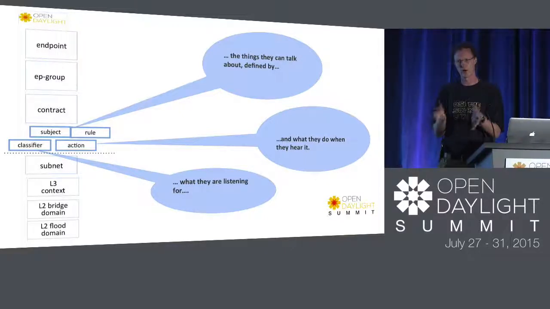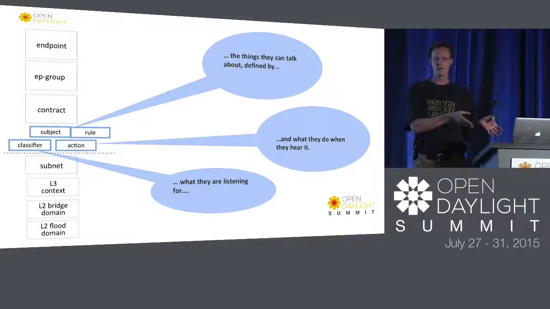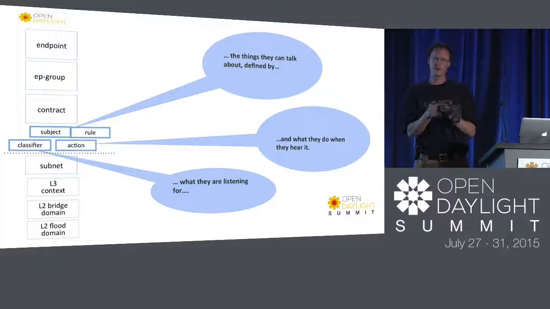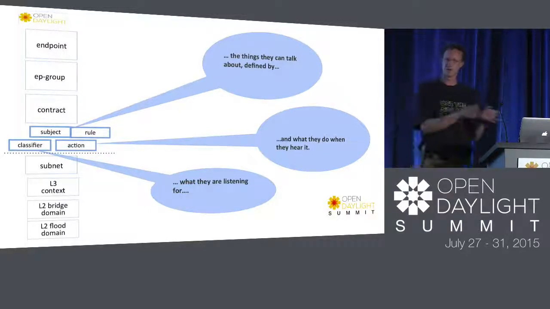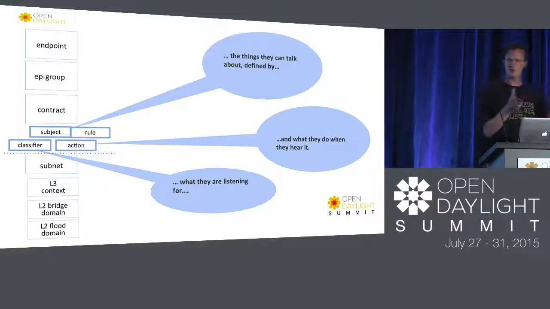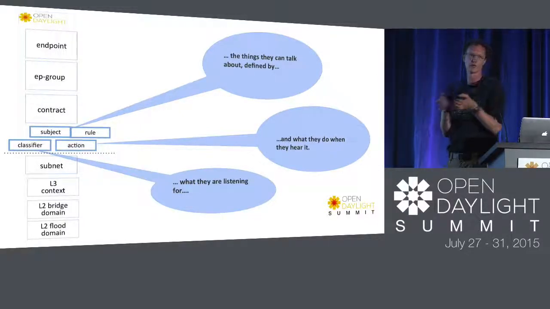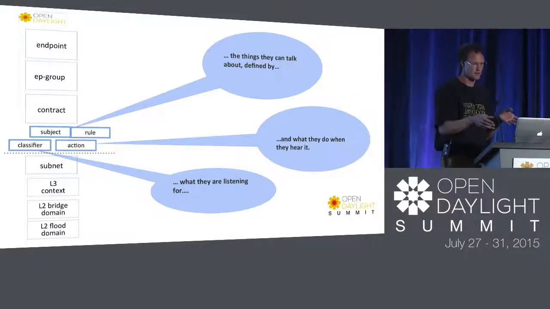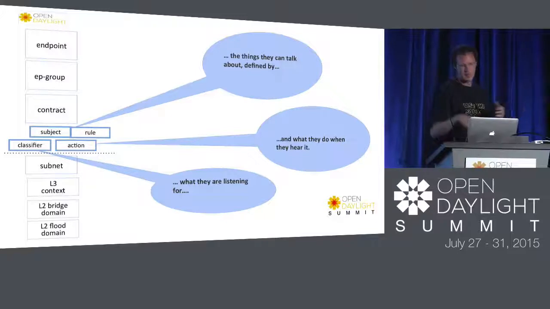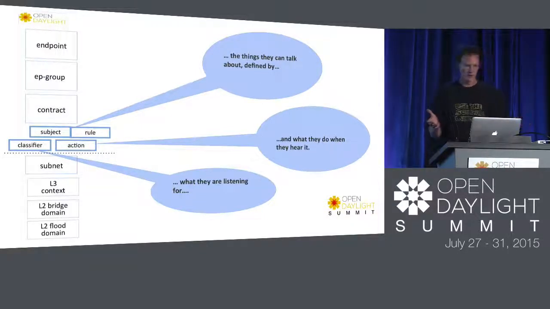So for the renderer, we have to define the features which make up a subject, and we call that a subject feature definition. And so when you see in the contract subject feature definitions, that's the renderer expressing what it can do for a classifier and an action. And then you create specific instances of that to leverage in a policy.